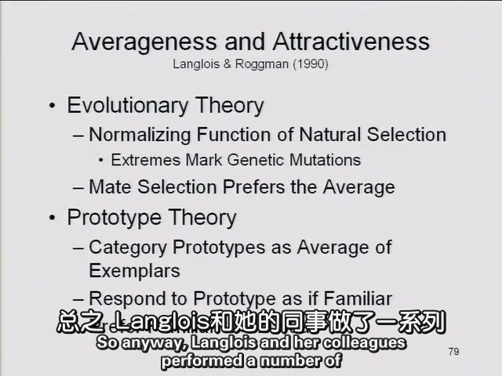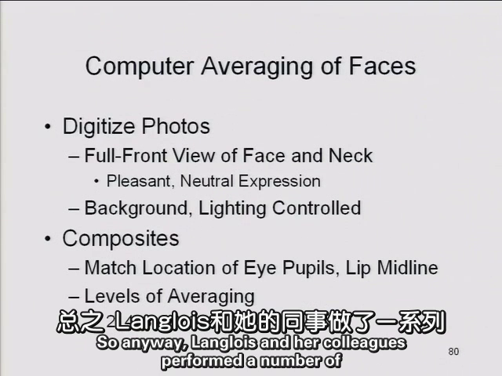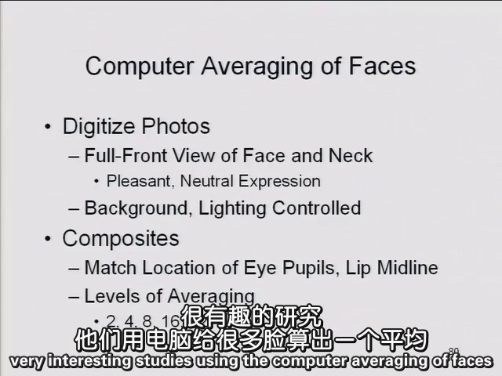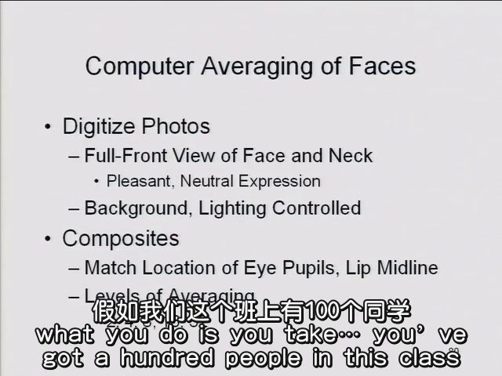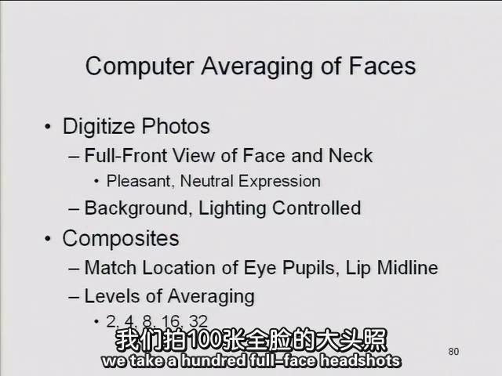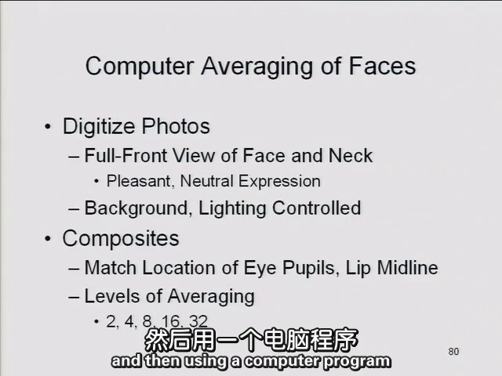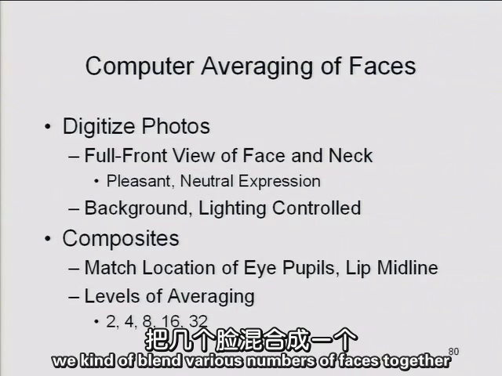So anyway, Langlois and her colleagues performed a number of very interesting studies using the computer averaging of faces. What you do is you've got 100 people in this class. We take 100 full-face headshots, and then using a computer program, we kind of blend various numbers of faces together.